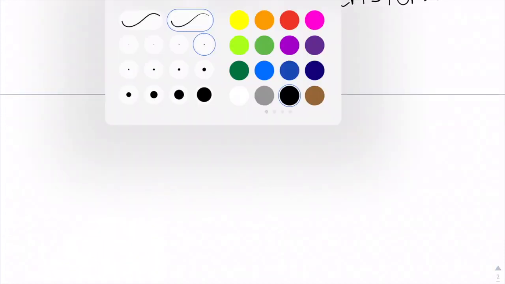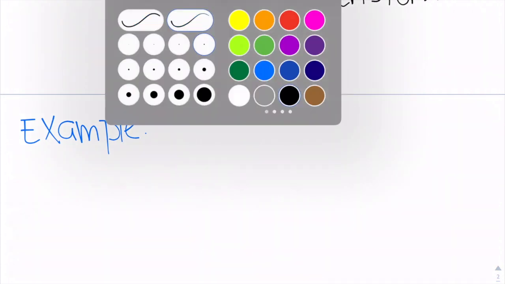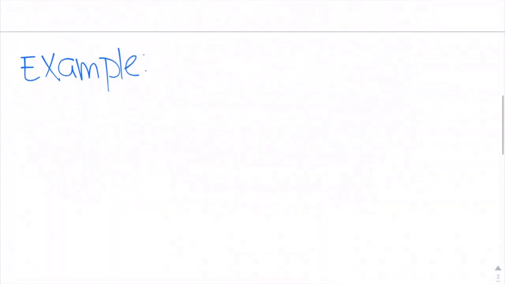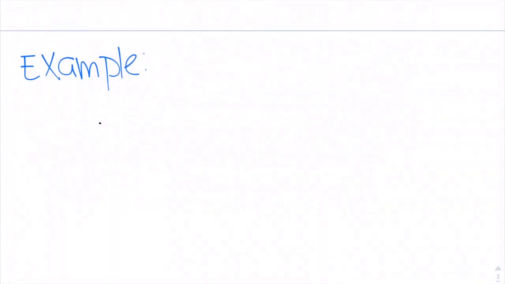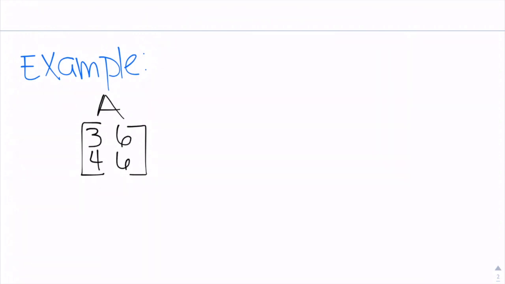So if we go ahead and do an example, we're going to say matrix, which we'll call matrix A, minus, which we'll call matrix B.